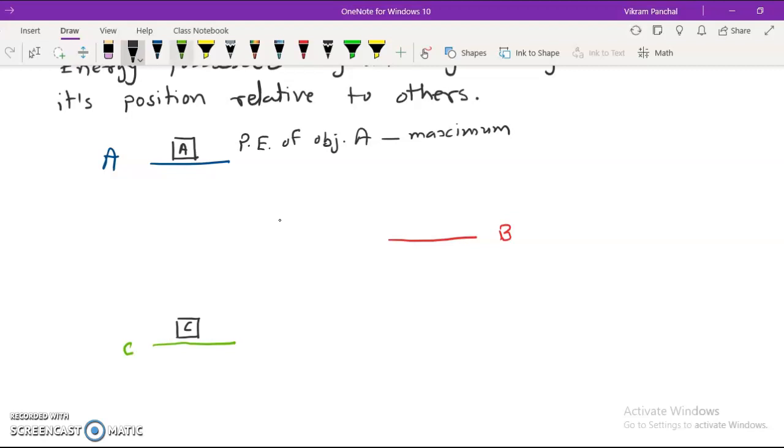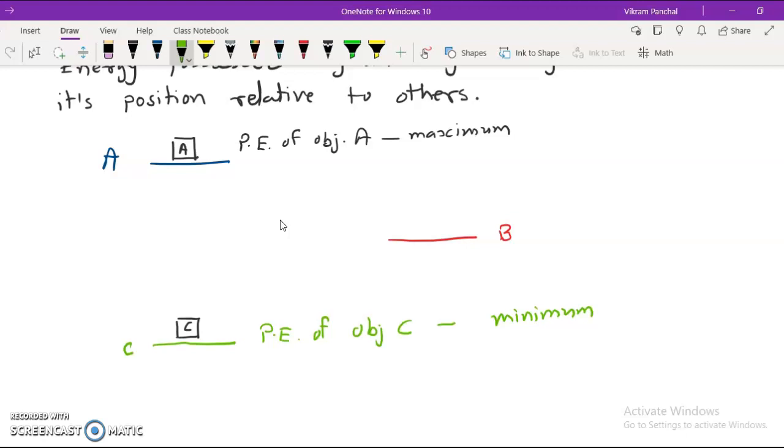Similarly, the potential energy of object C will be minimum. Why? Because between these two objects, object C is at the lowest level with reference to ground level. That is why object C is having minimum potential energy.